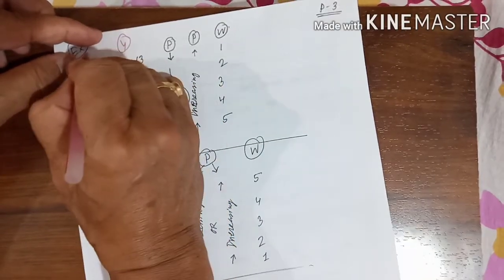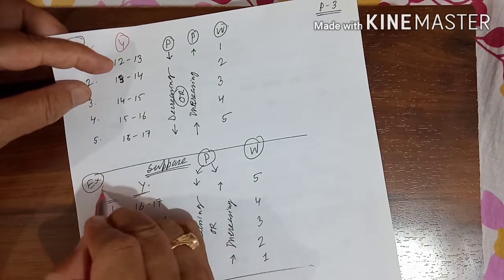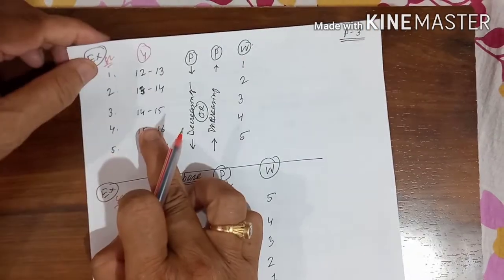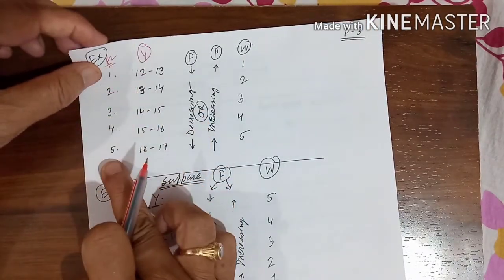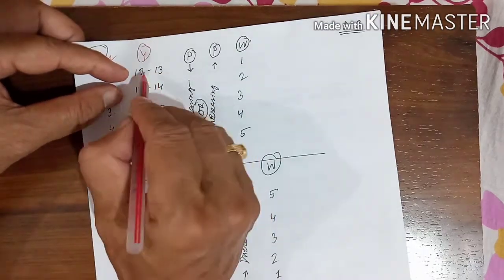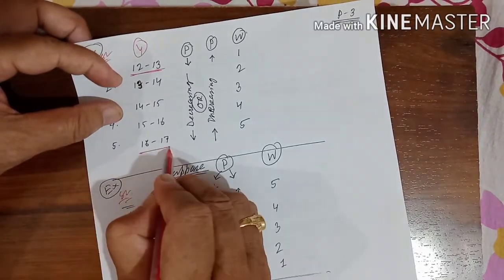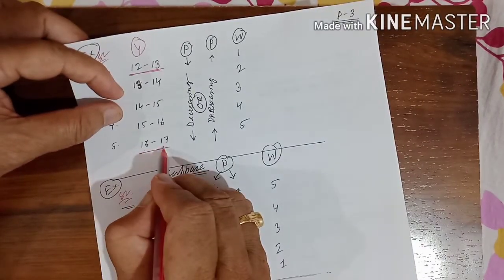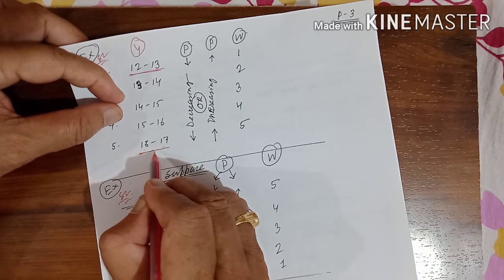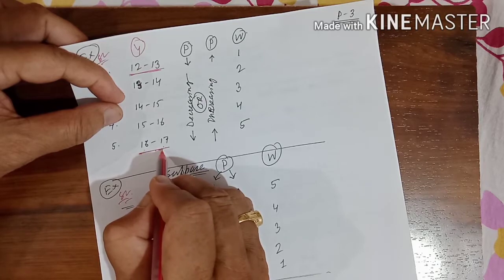See, this is year, this is serial number. First, you follow the serial number 1, 2, 3, 4, 5. The year given is 12-13, it started from 12-13 and your last year is 16-17. This is nearest to your current year.